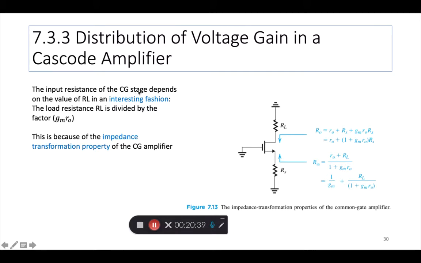The input resistance of this CG stage depends on the value of RL in an interesting fashion. The load resistance RL is divided by the factor 1 plus GM RO. This is because of the impedance transformation property of the CG amplifier. I guess this should be 1 plus, right? Sorry.